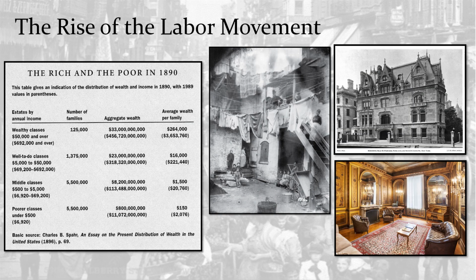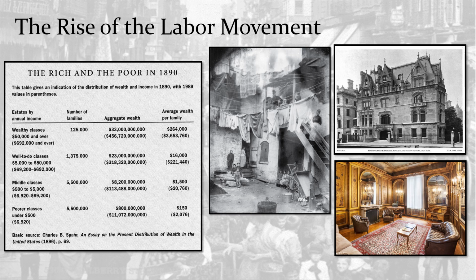So the labor movement largely comes out of the difference between the haves and the have-nots. This is a great example right here. You see the picture in the middle is, obviously, the tenement housing where the workers lived, and the pictures on the right are where the capitalist or the owner of the company lived.